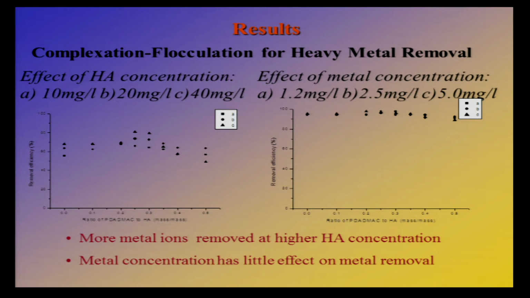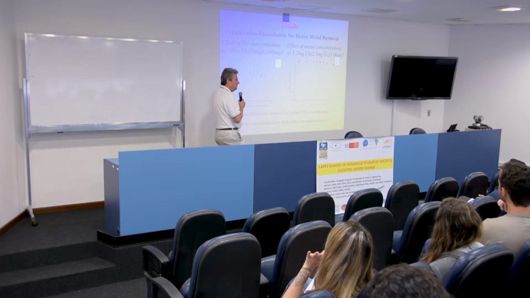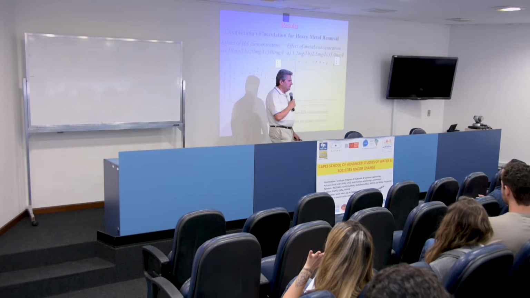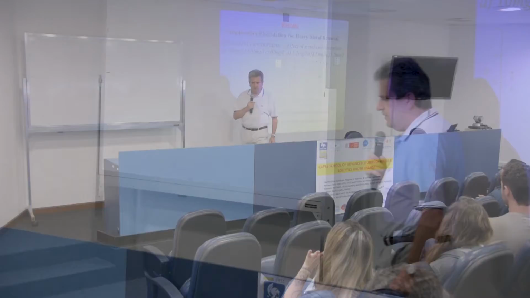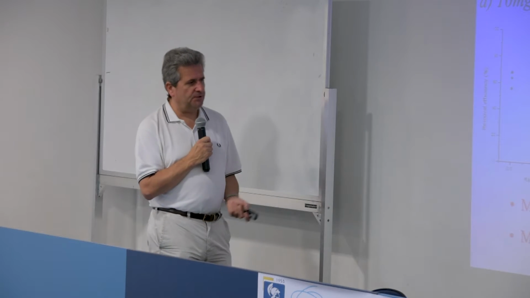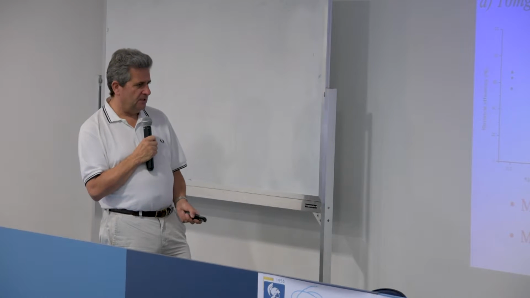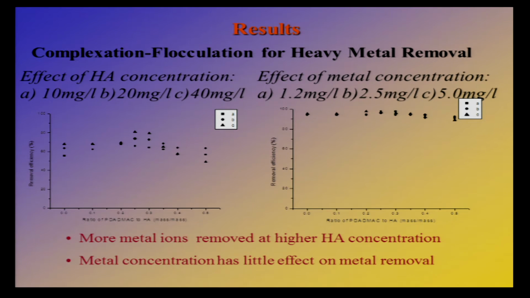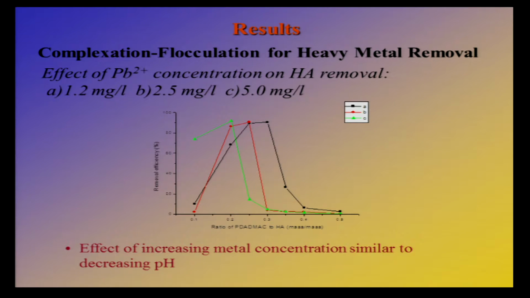So that means that even if I have relatively high concentration of metal ion, they'll all be removed quite well. So that's good news. So the process is robust to the concentrations. So more metal ions are being removed at higher humic acid concentrations, and the metal concentration has little effect on the metal removal. So that's what they show. So it looks as if it works quite well.